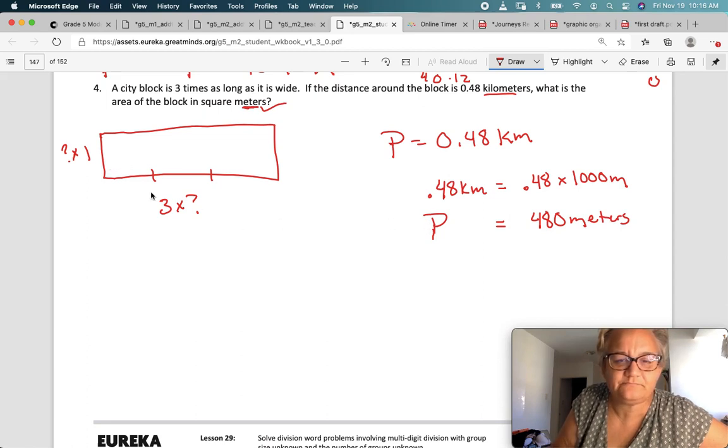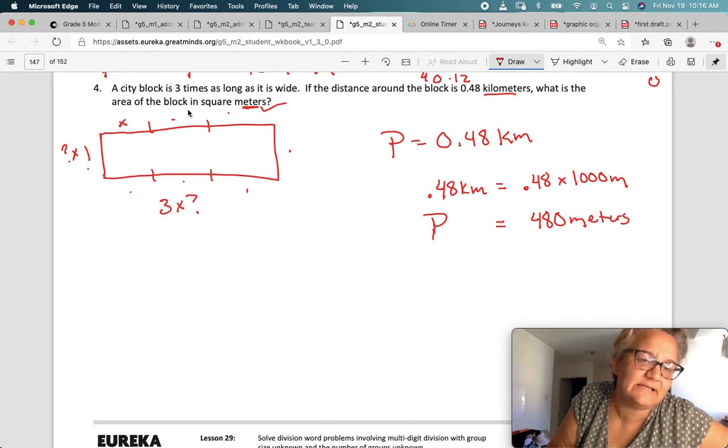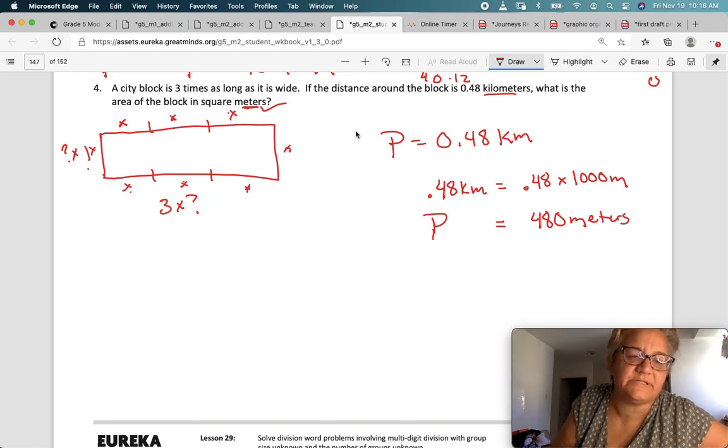Now, I need to divide, let's count this. So I've got 1, 2, 3, 4, 5, 6, 7, 8. I'm going to divide 480 by 8 because that'll give me each of these, because they're all equal, right? This, and this, and this, and this, and this, and this, and that are all equal to each other.